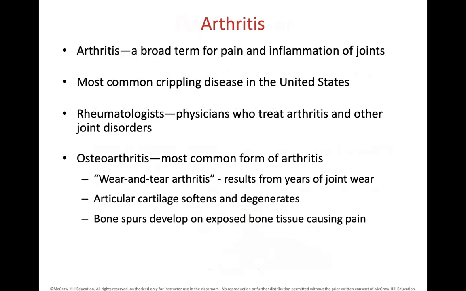Typically, you see it in older adults, just because they've been using their joints for a lot longer, and there's a lot more wear and tear on them. It's said to be the most common crippling disease in the United States. So it leads to a lot of issues with movement in older individuals.